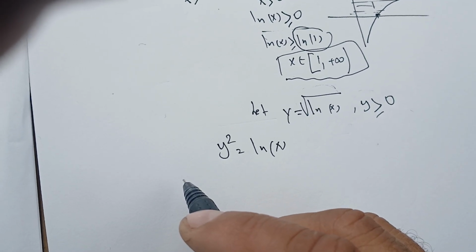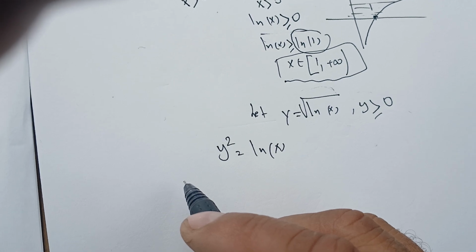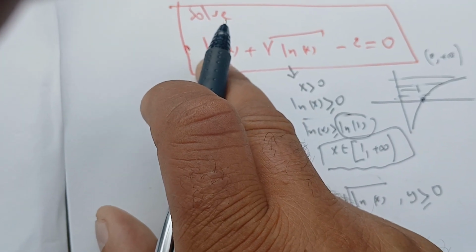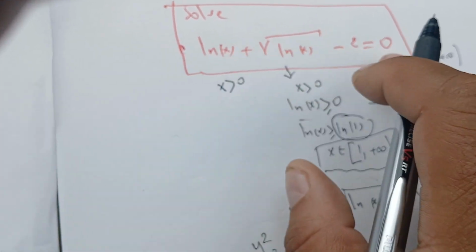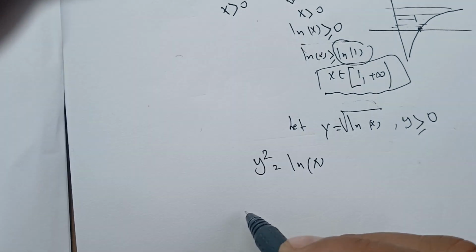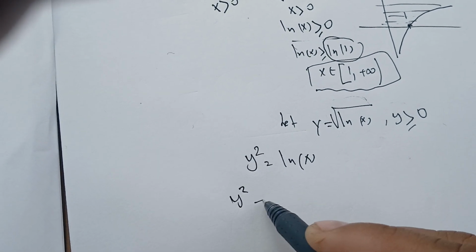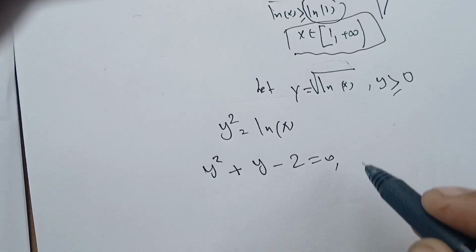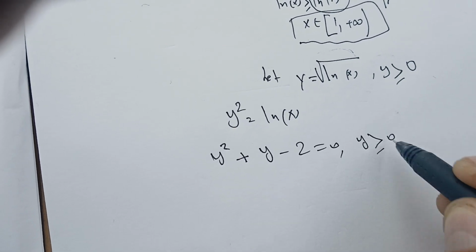Now we can transform this equation, under this condition, to y squared plus y minus 2 equals 0, with y greater than or equal to 0.